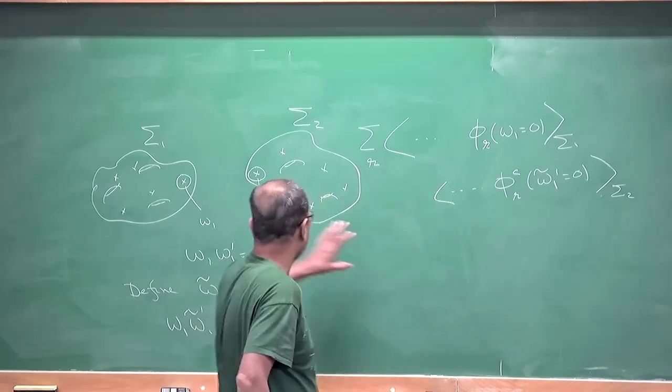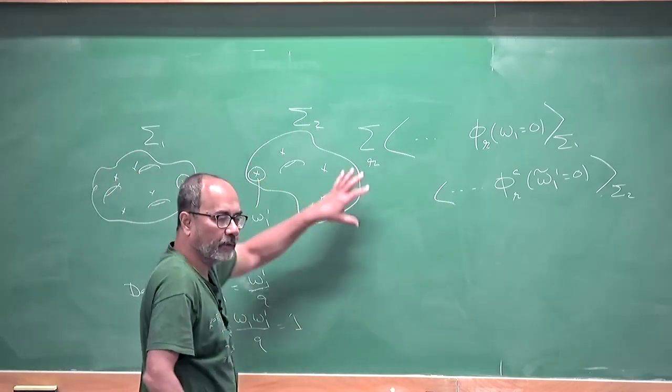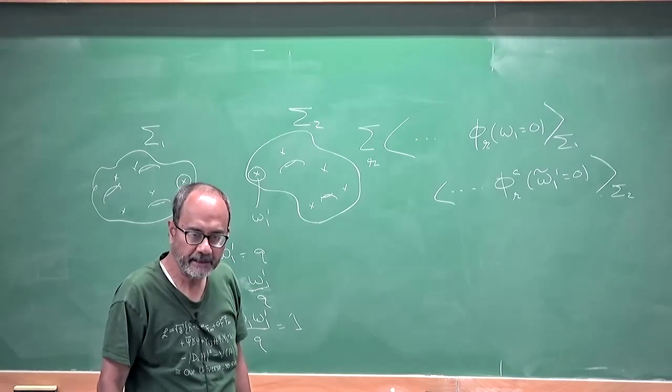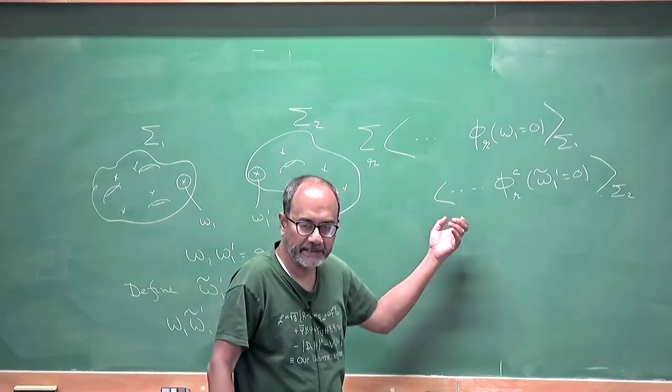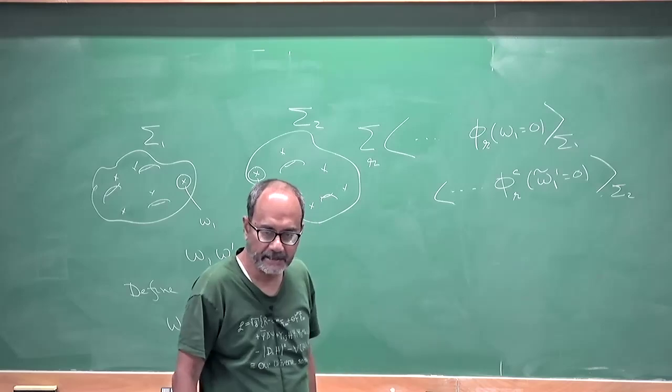These dots mean whatever else has been inserted on sigma 1 and whatever else has been inserted on sigma 2. This is what we had said, that the way to define the correlation function on a higher genus Riemann surface is by this relation.